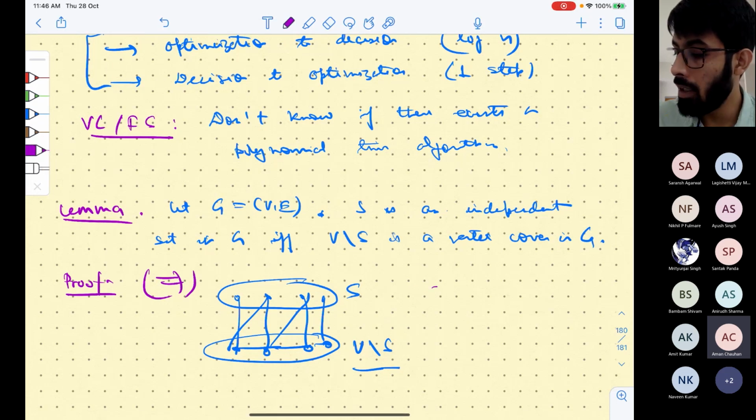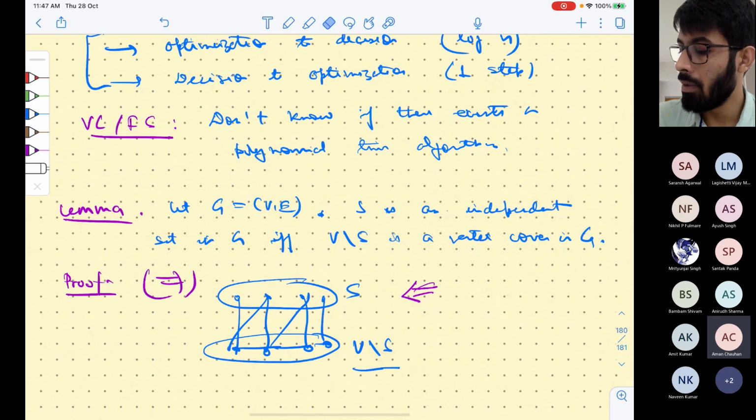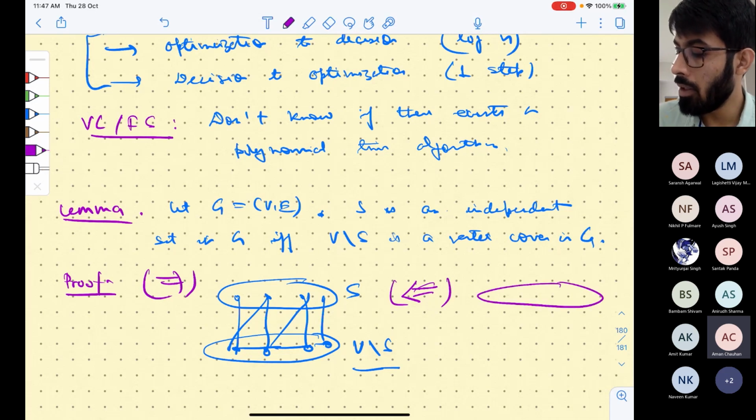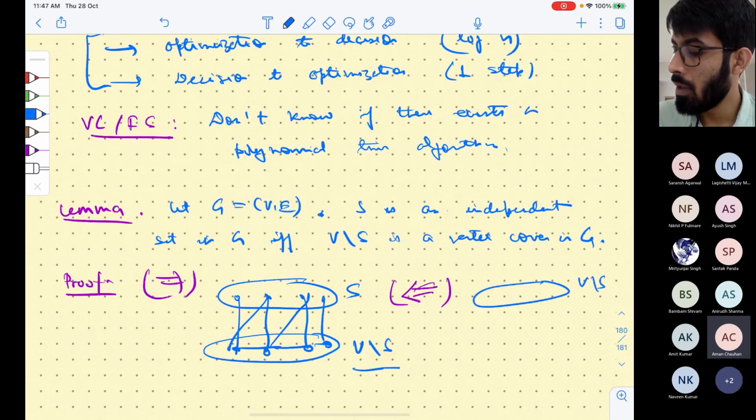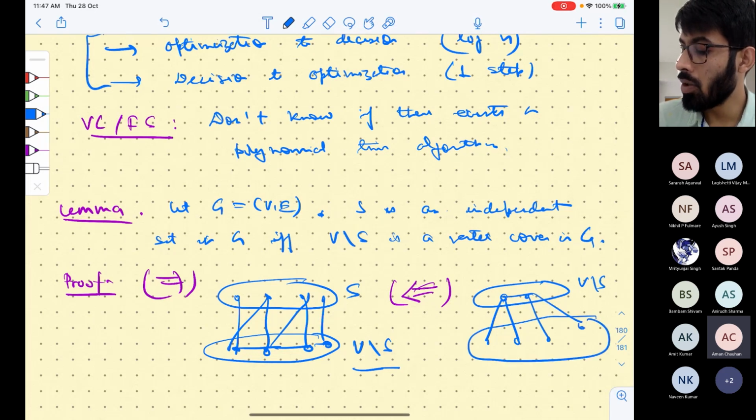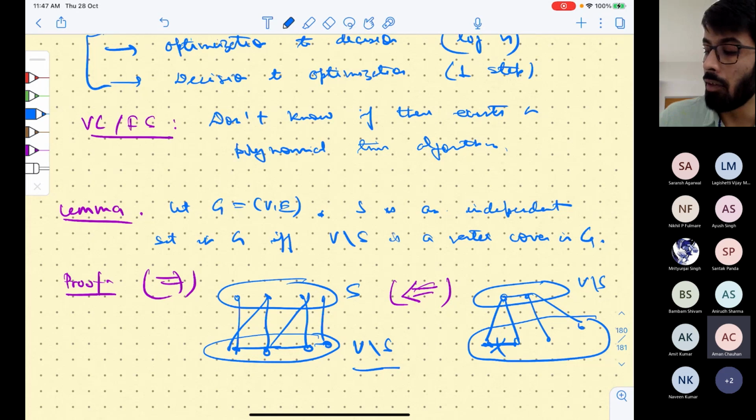Similarly, for the other direction, again, the picture remains the same. V minus S is the vertex cover. That means for every edge, one of the endpoints is in V minus S. So the other side has to be an independent set, because if not, then it contains an edge, and that edge is not possible because V minus S is a vertex cover.